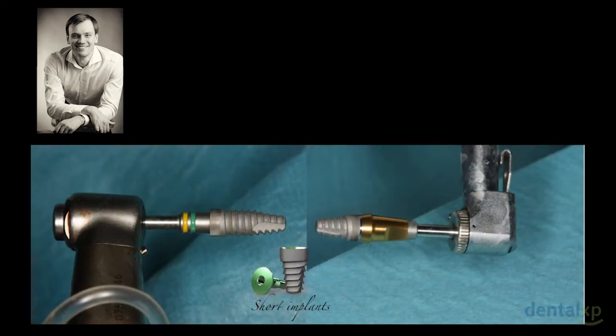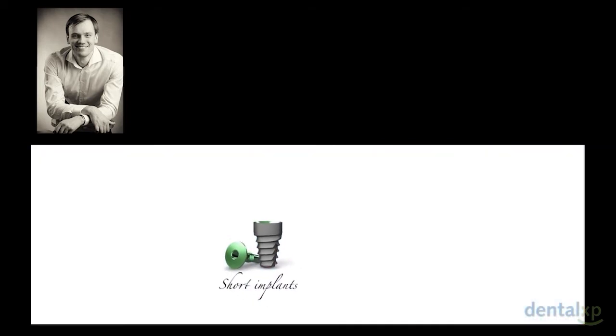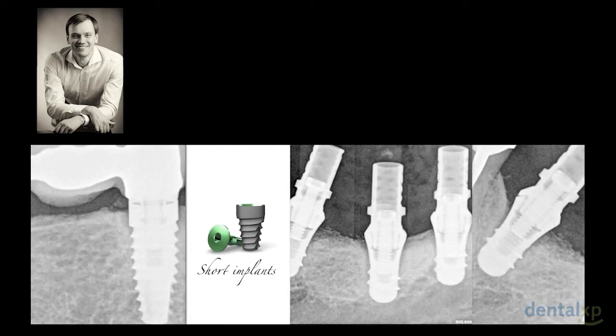But the most important application of crestal bone stability is in short implants, I think. And the reason is very simple: when you have a longer implant, you can at least afford some bone remodeling. 2 millimeters for, let's say, a 12 millimeter long implant is one thing.